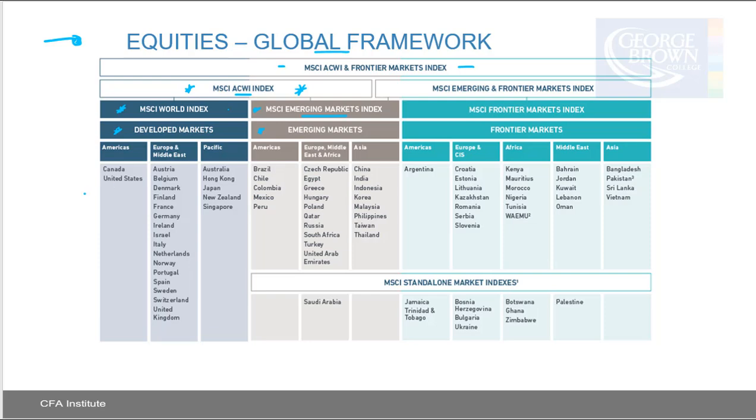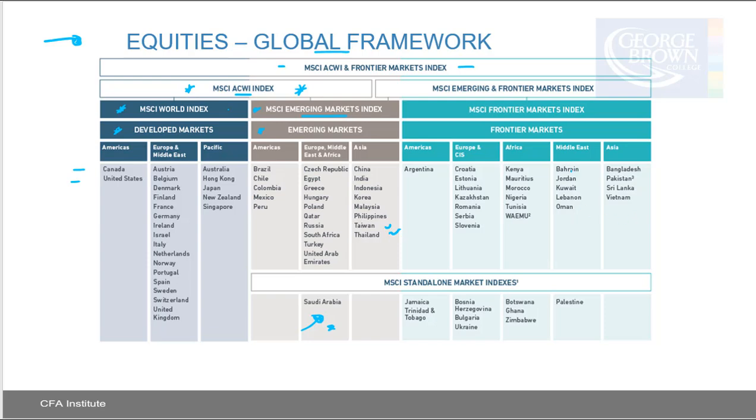And the World Index is made up of developed markets in the Americas, such as Canada, the United States, Europe and the Middle East, and the Pacific, okay? So if you're looking at emerging markets in Asia, Thailand is an emerging market, Taiwan is an emerging market, Korea, Malaysia, etc. You can see that Saudi Arabia is being upgraded by MSCI to an emerging market index, but again, there's a standalone.